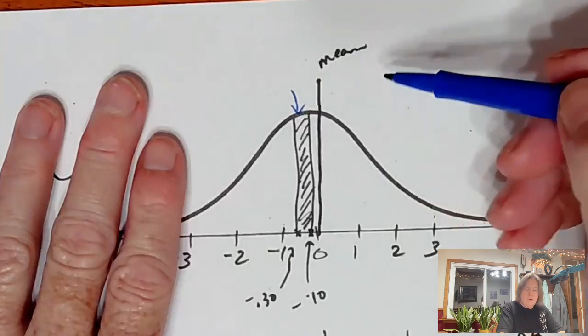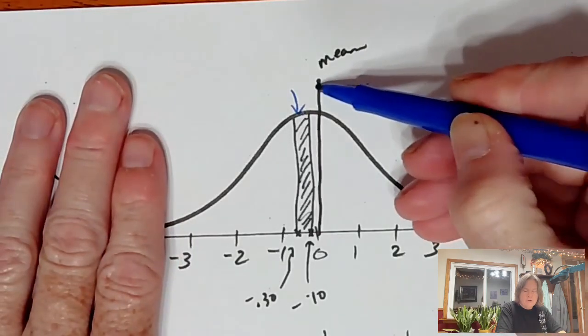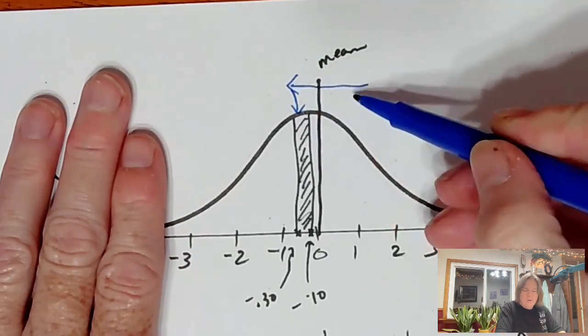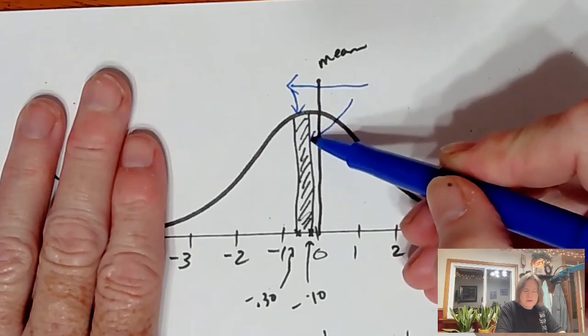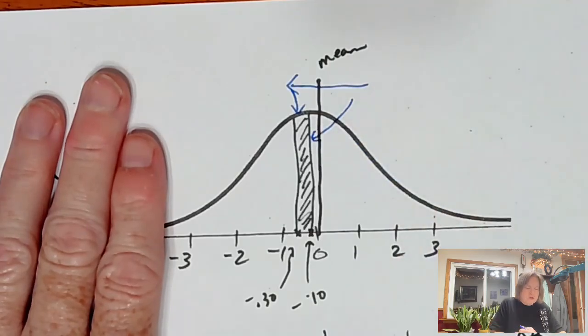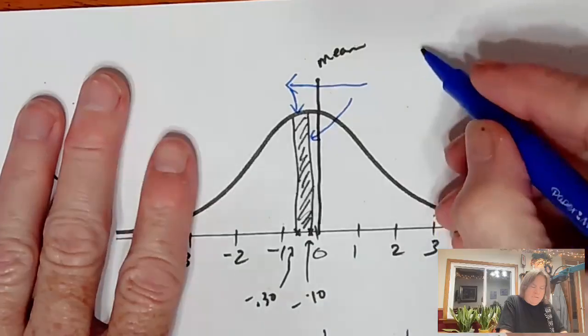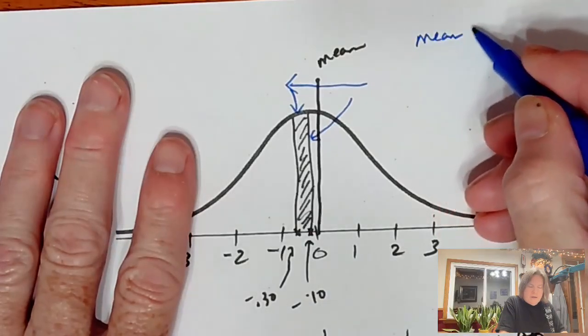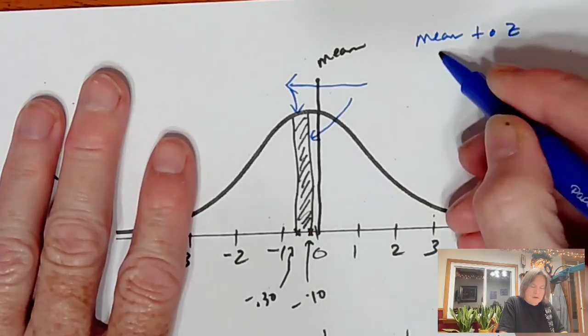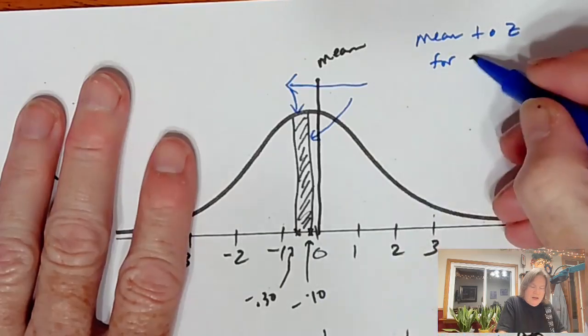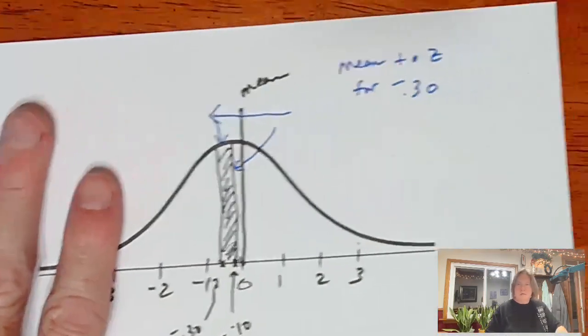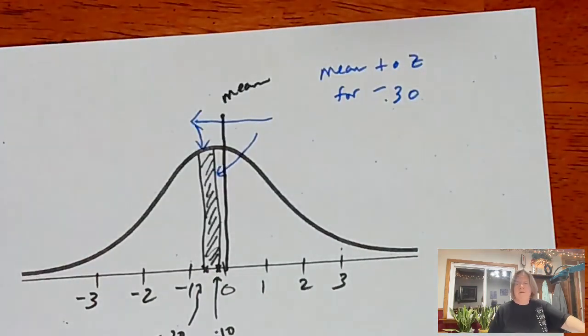Like we did before, we're going to get the whole value from here to there, and then subtract out this piece. So the whole value of mean to z for negative 0.30.